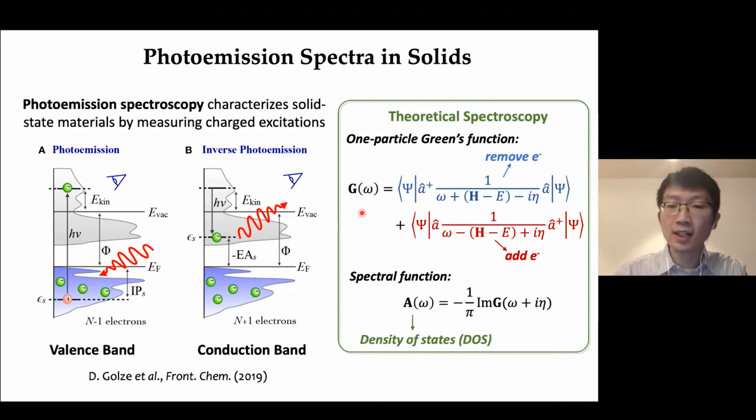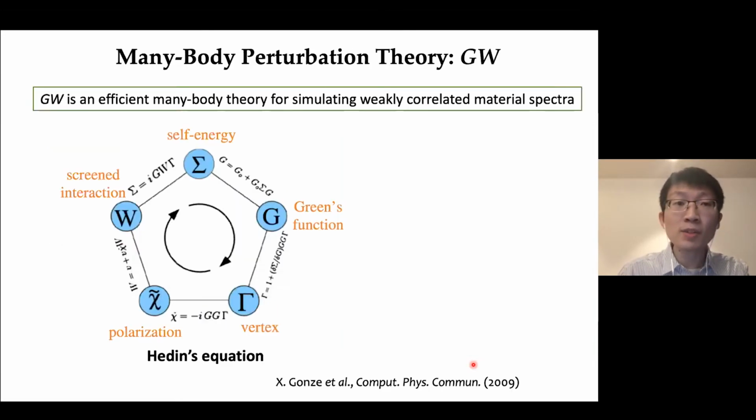And by computing the Green's function for the material, one could get direct access to the spectral function, or more specifically, the density of states. And the GW method is probably the most efficient many-body theory for simulating weakly correlated material spectra.